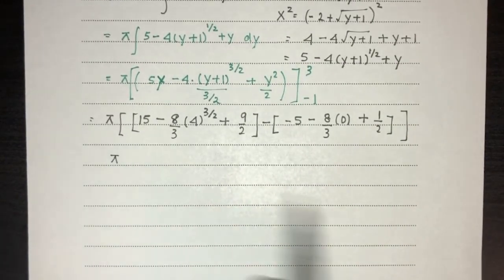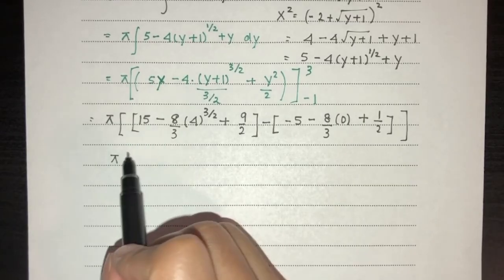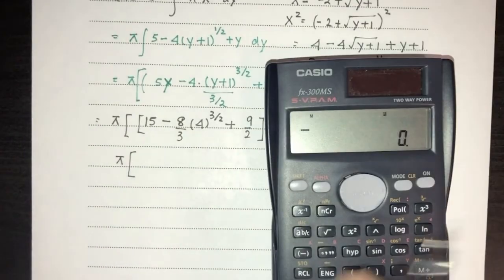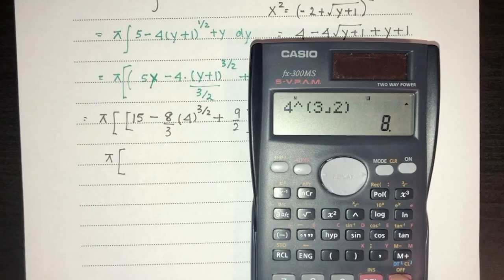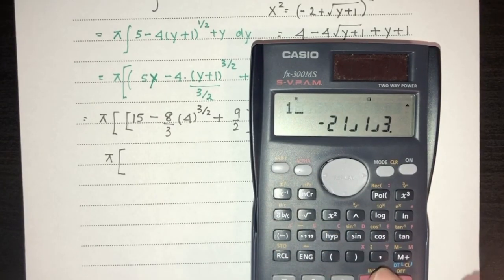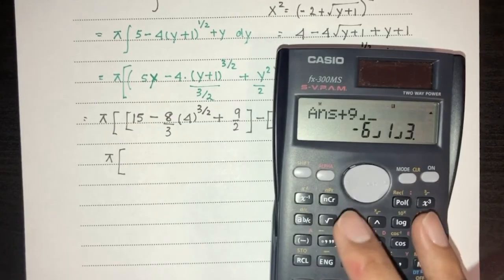Pi will be outside. And what does this one become? Let's try. First, let's simplify this one. 4 power 3 over 2, that should be 8. So we have minus 8 over 3 times 8. 15 minus this answer, plus 9 over 2.